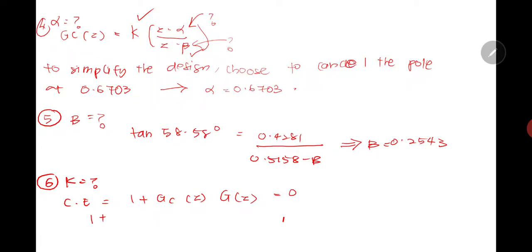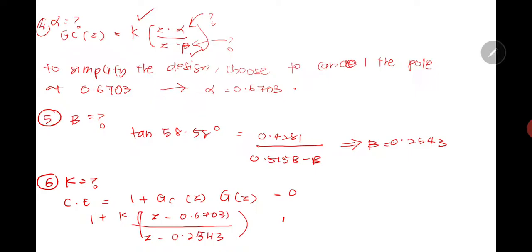If we break this further down, 1 plus K, Z minus alpha, which we already obtained, over Z minus beta, which we also already obtained, multiplied by the G of Z.